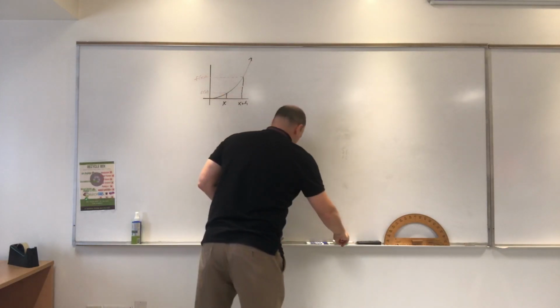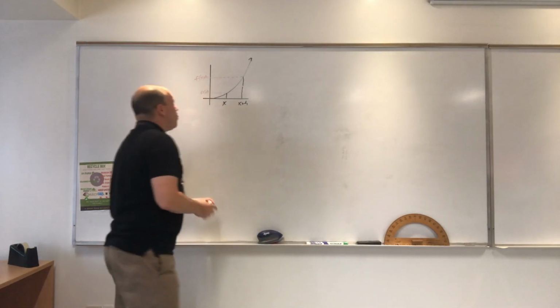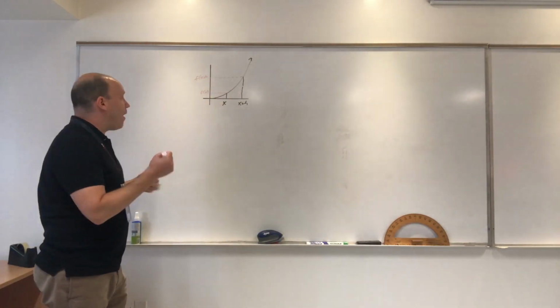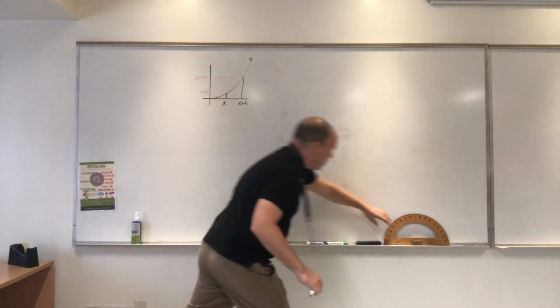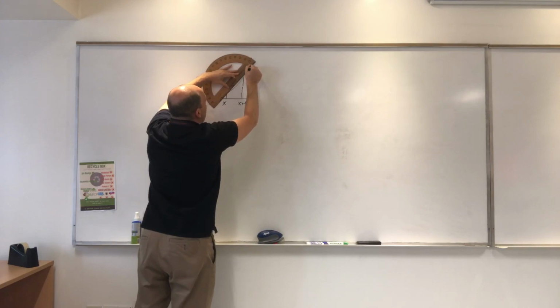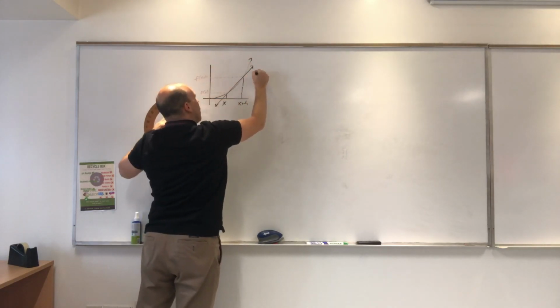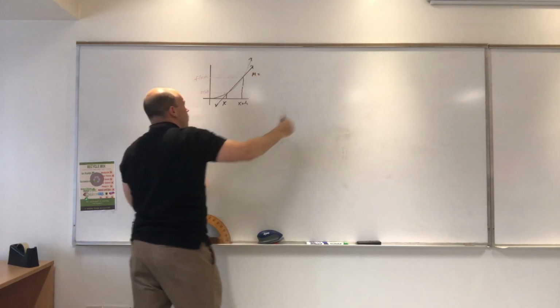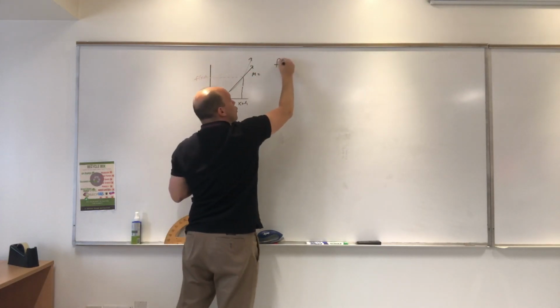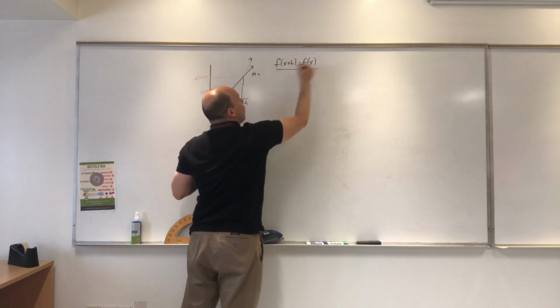Let's move on. What did we do? We were interested in finding the slope of the line between these 2 points. So the slope between the 2 points is change in y over change in x.